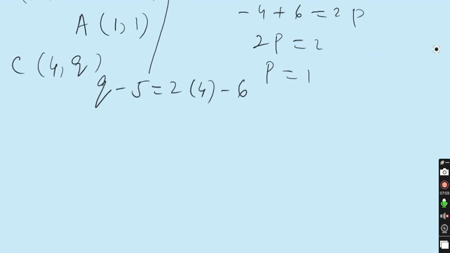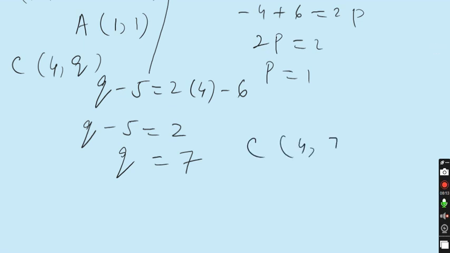So Q minus 5 is equal to 2 times 1, which is 2, and Q is equal to 2 plus 5, which is 7. Hence the coordinates of C are (4, 7).